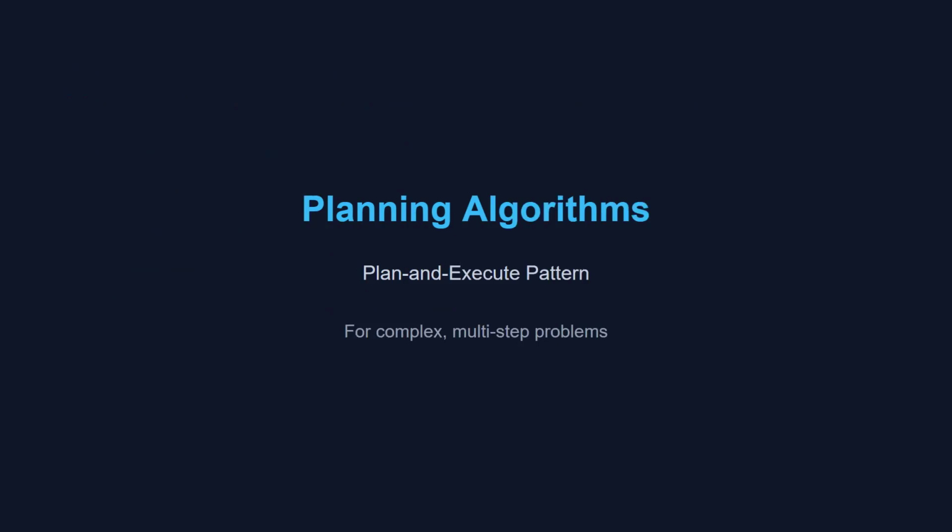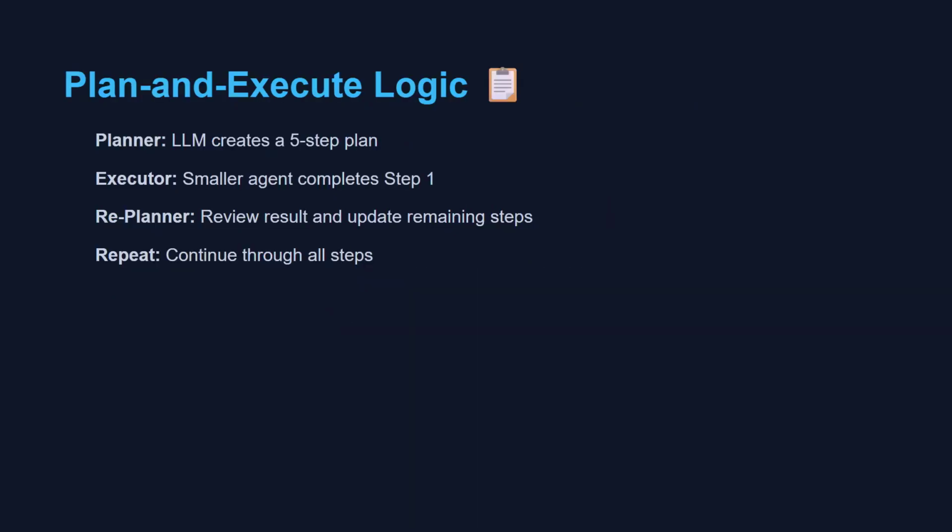Okay, if we talk about the logic, at a high level we have the planner, which is a high-level LLM, and it creates a list of 5 steps to solve a big problem. And then we have the executor, which is a smaller, faster agent that takes step 1 and completes it, and then you keep going over the different steps.